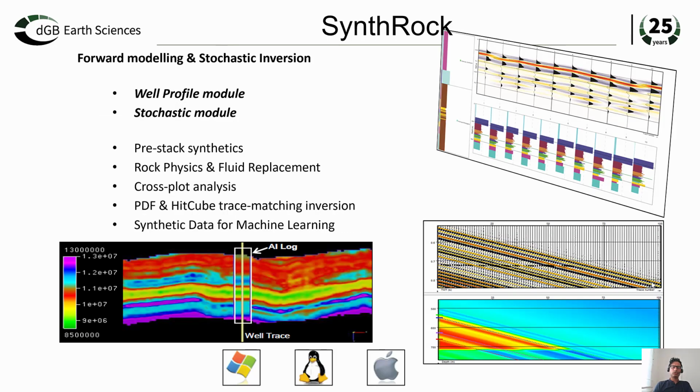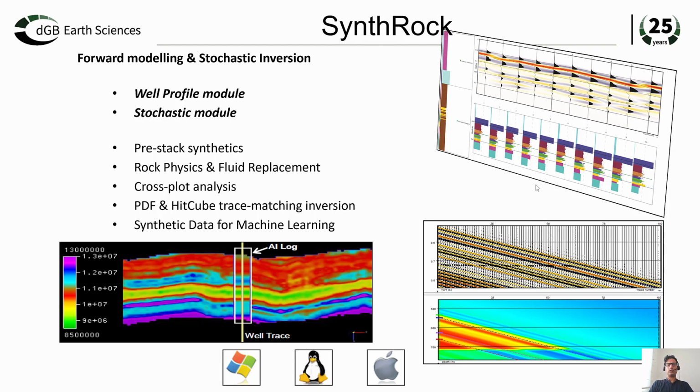So the SynthRock software has primarily two modules, like I mentioned earlier. The more easy to use profile module, which is based on well logs, or it requires availability of well logs, and the more complex stochastic module. In both modules, we have a number of capabilities, such as creation of pre-stack synthetics.